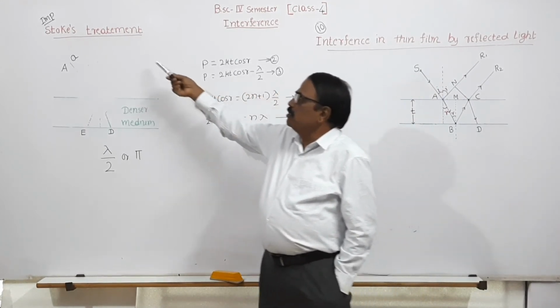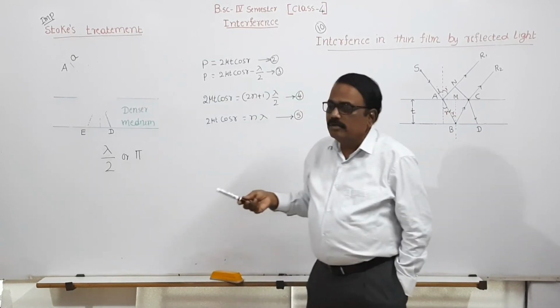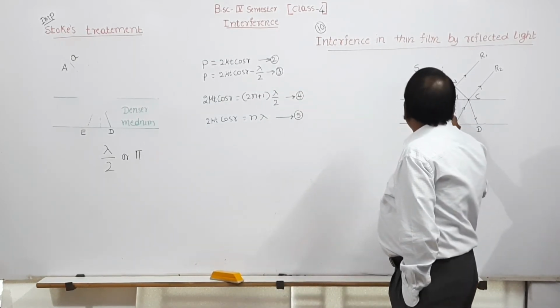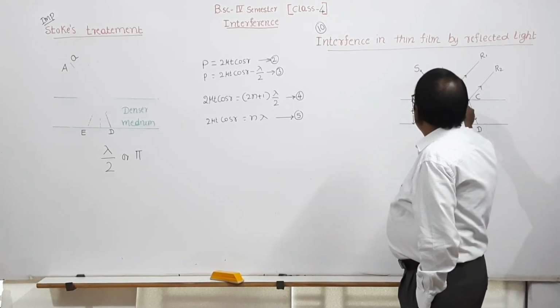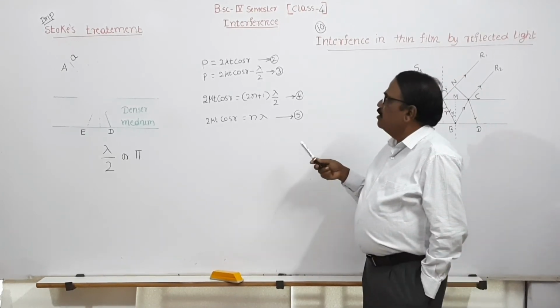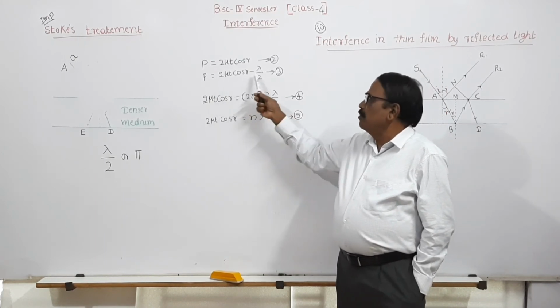Then we have applied this Stokes treatment such that in the case of reflected system, from the denser medium, the ray gets a change of lambda by 2.